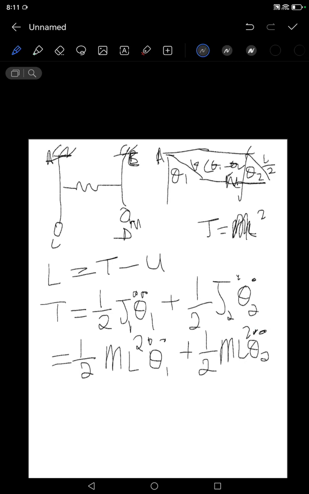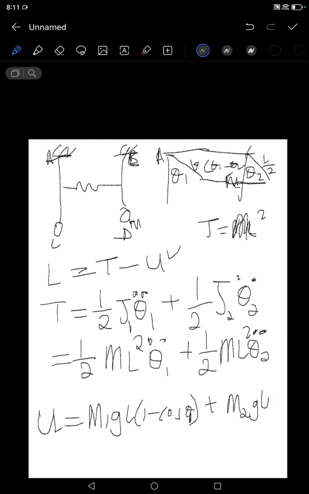And then when we want the potential, we're going to have the potential for 1 at A, and the potential energy for 2 at C. We're also going to have a potential energy for the spring. So now let's start at A. We're going to have m1 gl into 1 minus cos of theta 1, plus for C, m2 gl, it's the same masses, into 1 minus cos of theta 2.